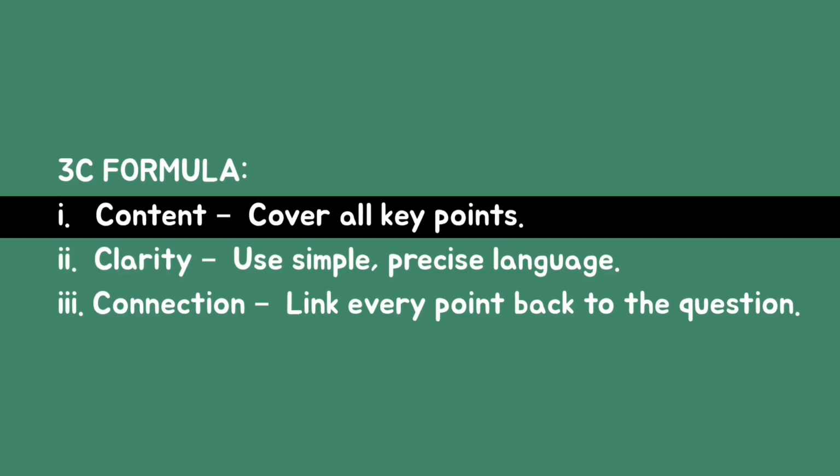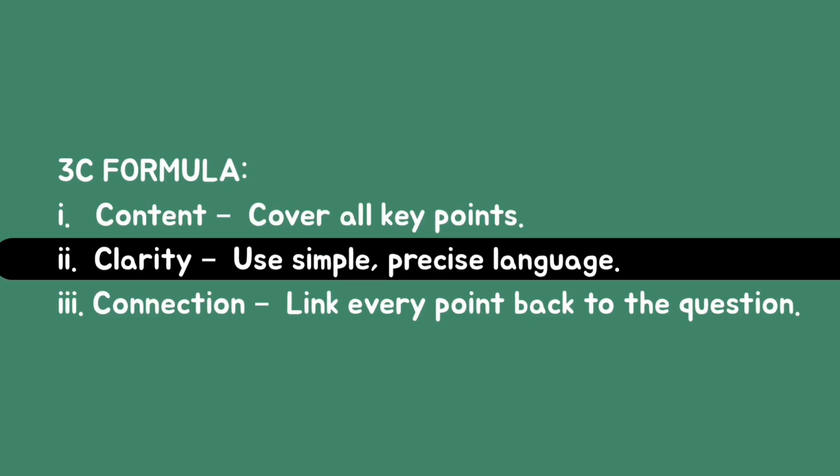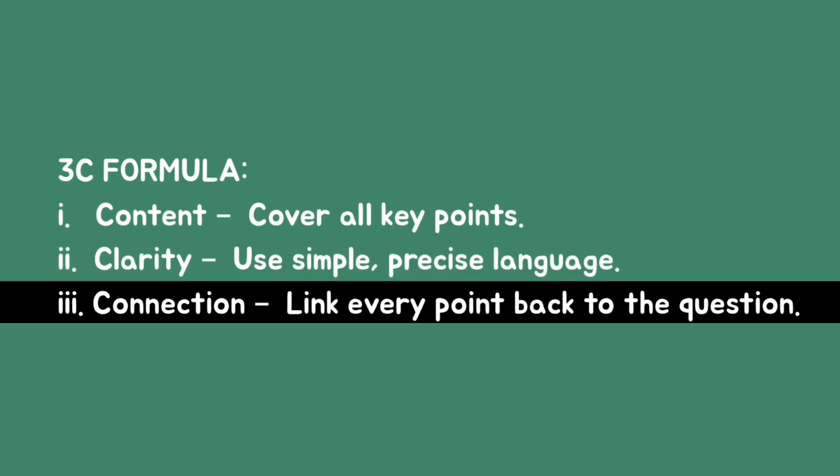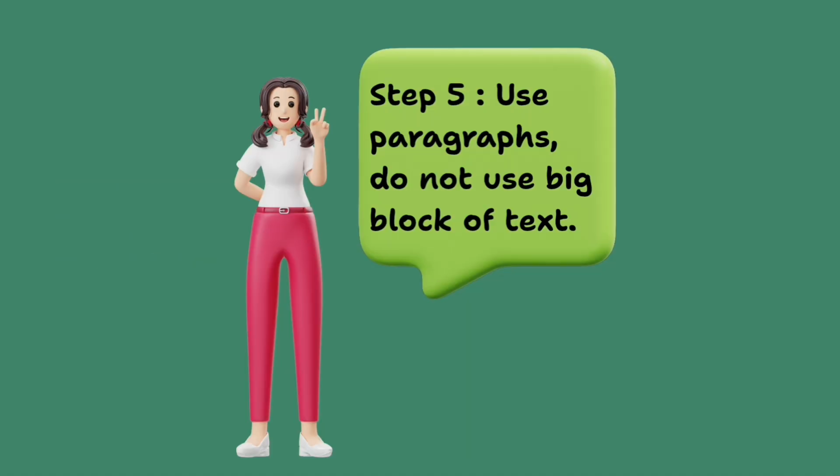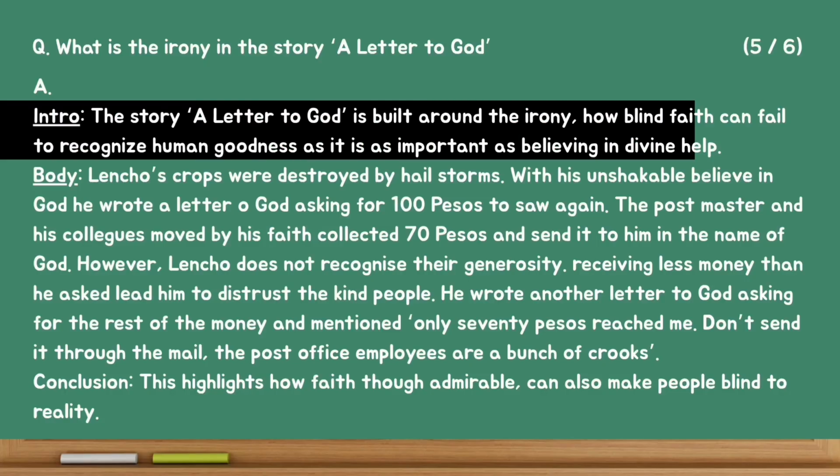Content, cover all the points. Clarity, use simple, precise language. Connection, link every part back to the question. And now the final step, step 5. Use paragraphs, not one big block of text. Now let's frame the long answer of today's question.